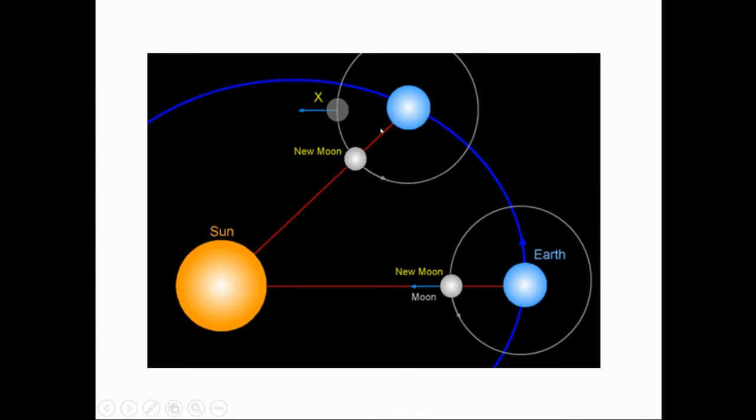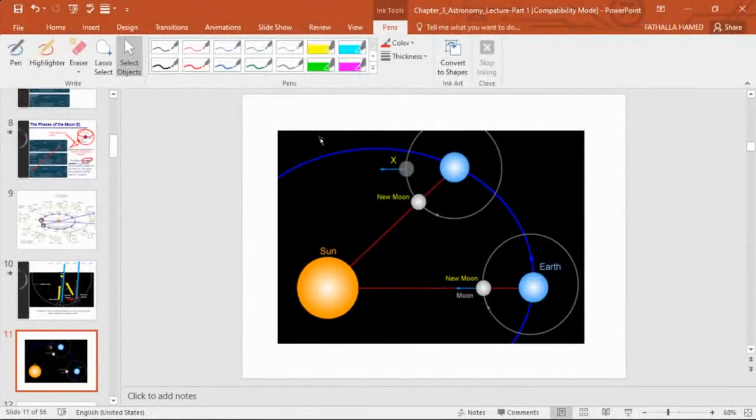But when it moves extra and it lines up with the sun, that's when we have the situation for the new moon, and this is where we're going from, or the lunar cycle. Okay, so that's the idea.